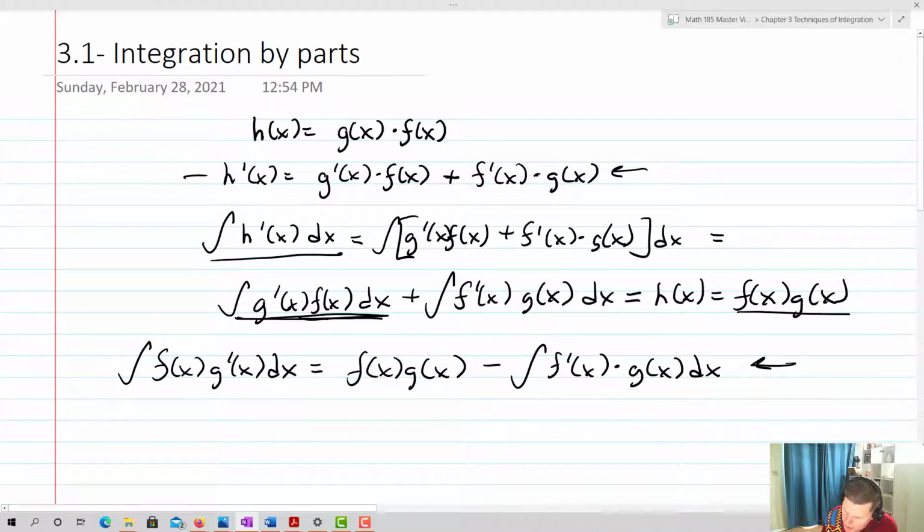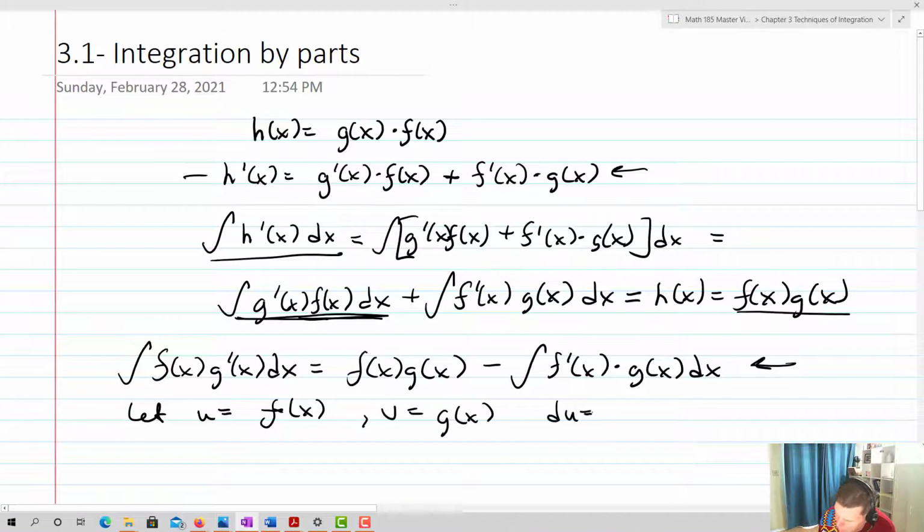Okay, what we'll do is we'll let u equal f of x, and let v equal g of x. So du is going to equal f prime of x dx, and dv is then going to equal g prime of x dx.